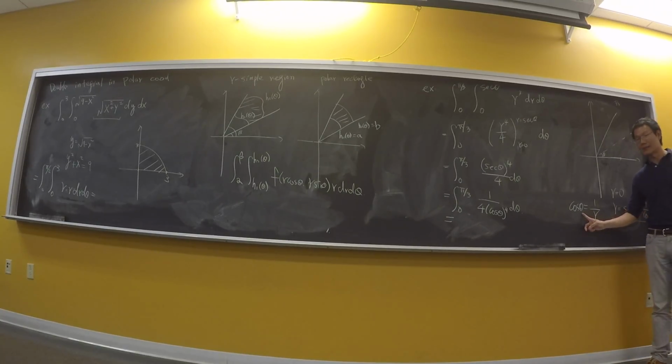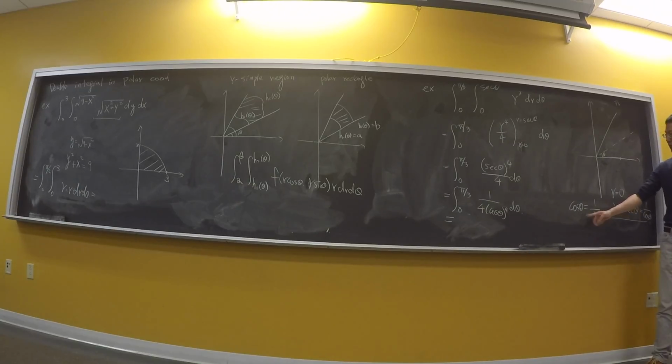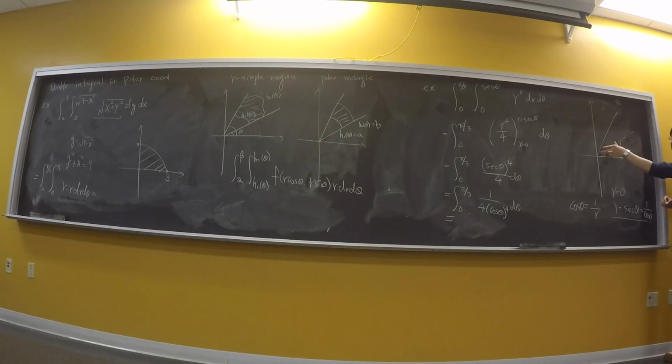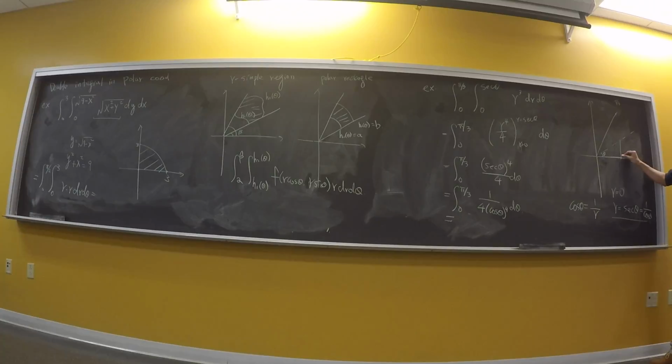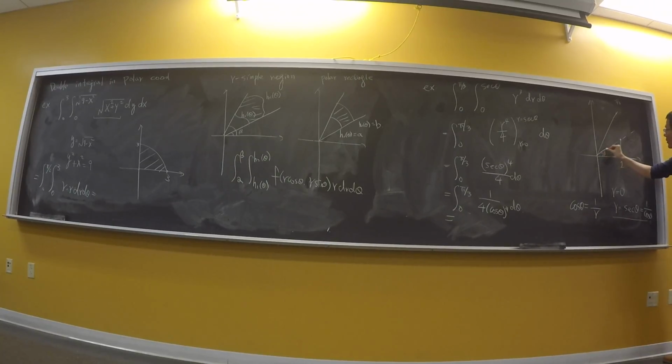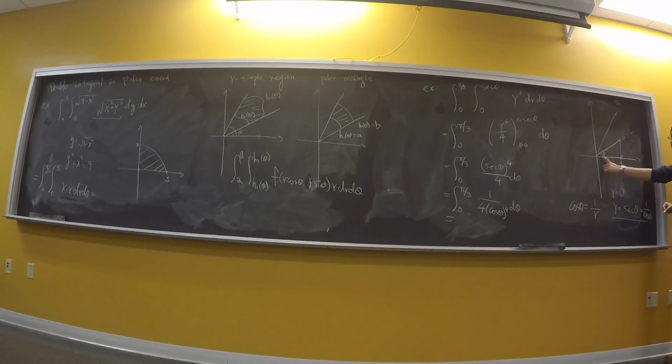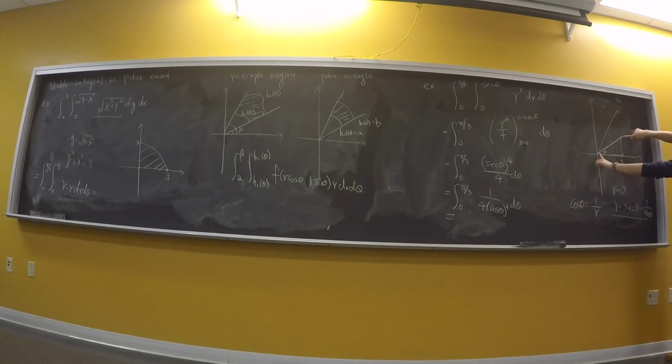So cosine theta in a right triangle is defined as the ratio of this piece with the hypotenuse, right? What's the English word I'm looking for? Hypotenuse. Adjacent over hypotenuse, right? So if I have a right triangle coming from a point down to 1, then in this right triangle, cosine theta is exactly equal to 1 over r right here.